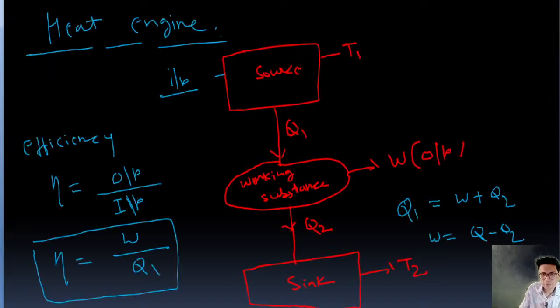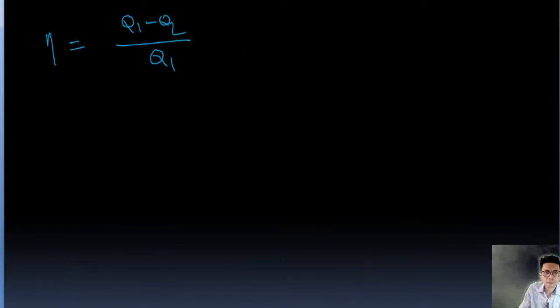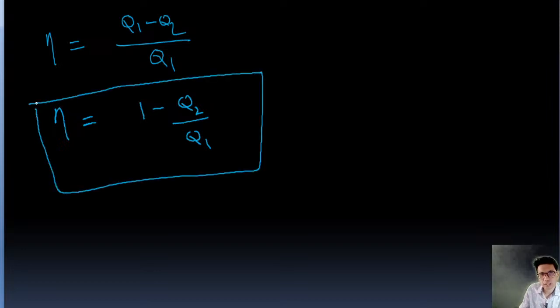So eta is going to be Q1 minus Q2 upon Q1, my apologies. Now eta is equal to 1 minus Q2 upon Q1.